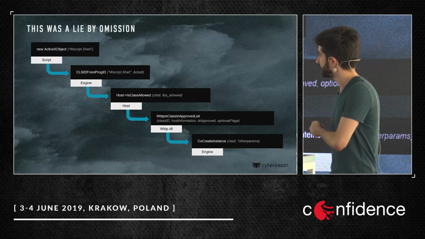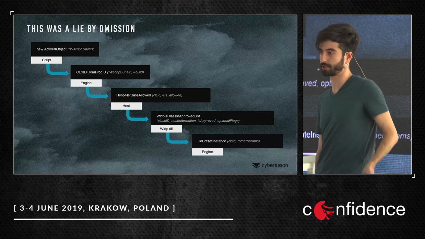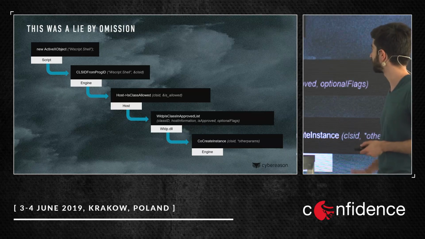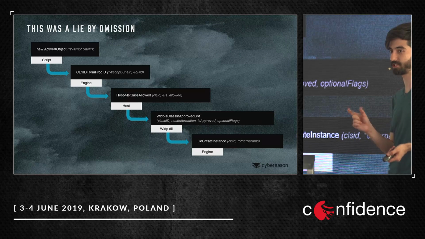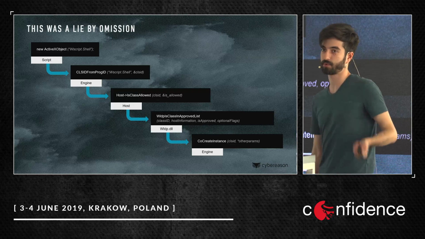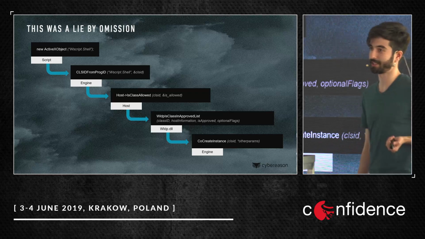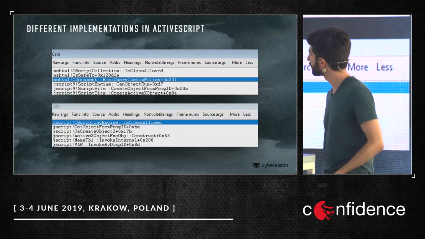But the second arrow from the engine to the host as class allowed is not an import. And there's something interesting about how this function is called. There's no single implementation of when and who calls this function, which was actually the basis for a vulnerability because of inconsistent implementations. So let's look at two of them.